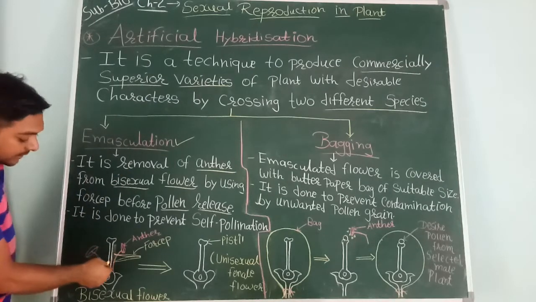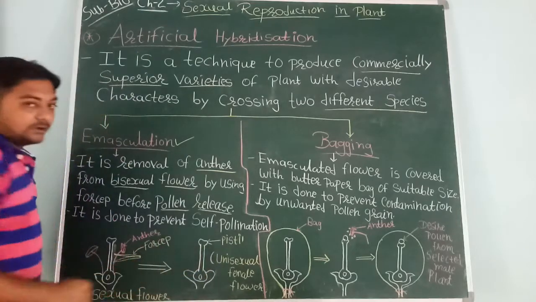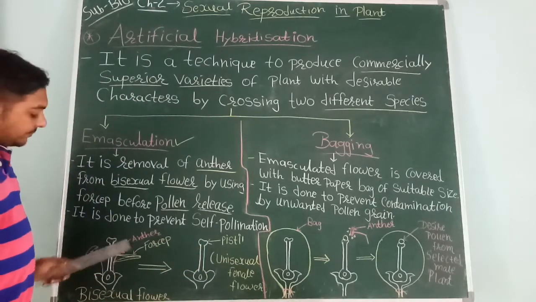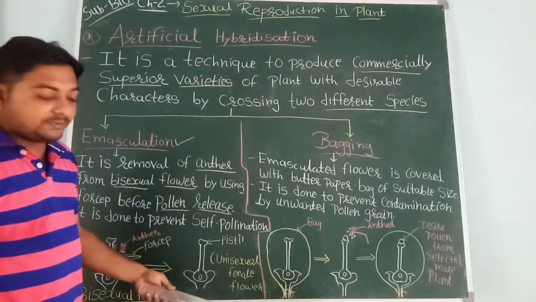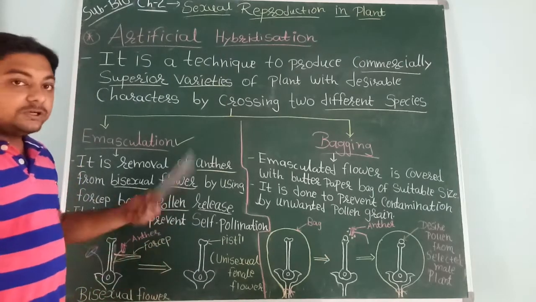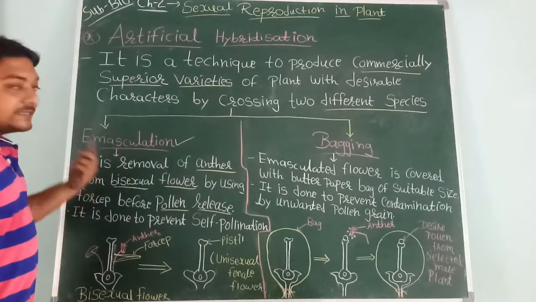After cutting the anther, the flower becomes a unisexual female flower, because the male part is removed, and it is an emasculated flower. So this first step, removal of anther from a bisexual flower, is known as emasculation.